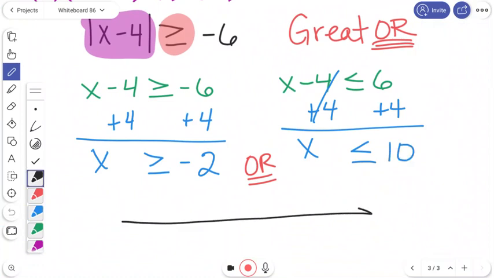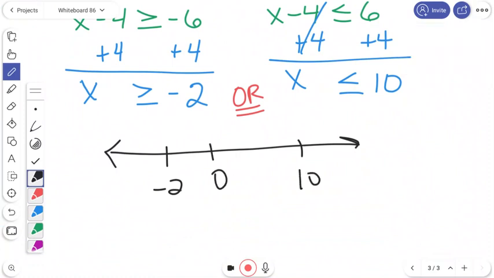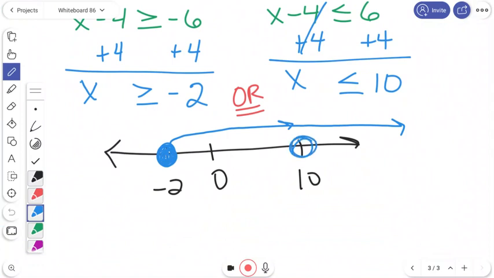So when we graph on our number line this time, or means we don't have to have overlap. I've got negative 2, I've got positive 10, 0 somewhere in between. x is greater than or equal to negative 2, that means we're shading to the right, and it's going to go forever. x is less than or equal to 10, we include 10, and it's going forever to the left.